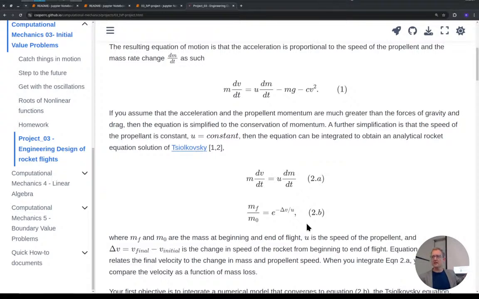The ratio of your current mass to your initial mass is e to the change in velocity. So there's a log proportion of how much mass you expel versus how fast you're moving.